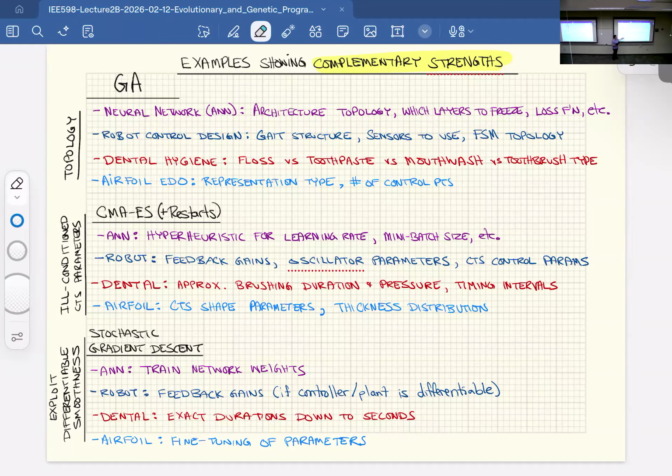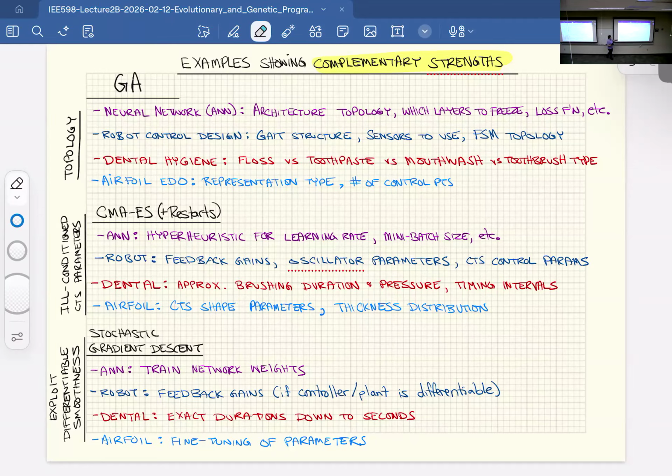And a robot, again, if now your controller, your plant is differentiable, then instead of tuning your feedback gains up here, maybe you can actually tune them down here. A lot of times you might be controlling a system that you can't take a derivative of. You can't say, what is the impact of changing this proportional gain on my output, because I'm controlling a plant that I don't have a model for, or it's got a really ugly nonlinear model and I can't take the derivative through it.